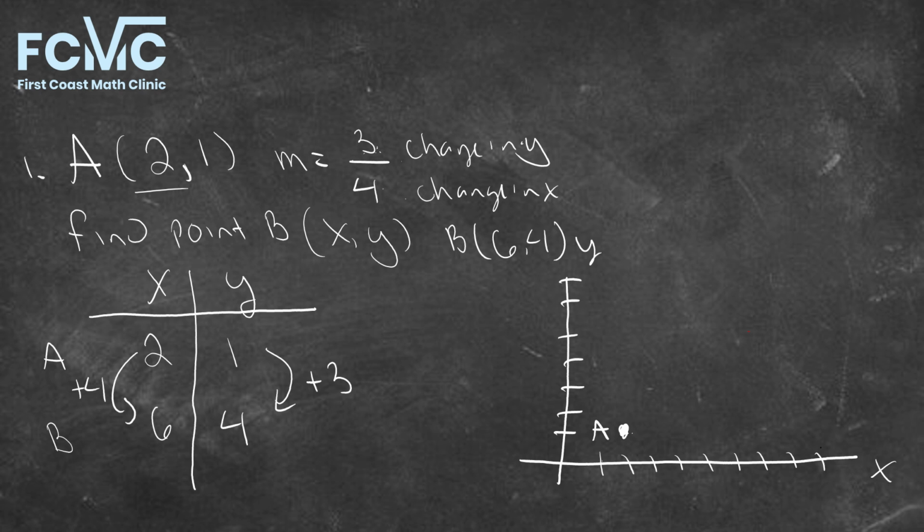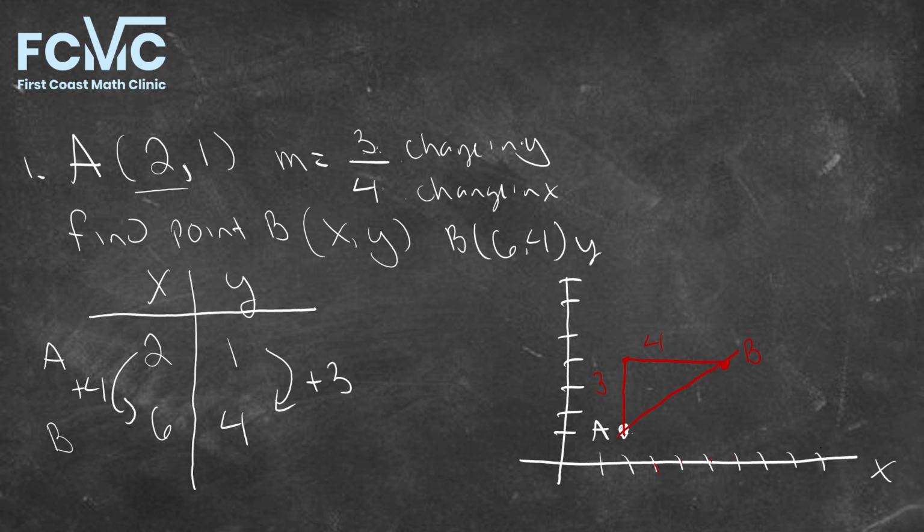Our slope is 3/4, so we're going to go up 3 and then right 4. I'm going to do this in red. So we're going to go up 1, 2, 3, and then right 1, 2, 3, 4. I'm using my tick marks here to figure out how far up and over I'm going. So we're going up 3, right 4, and we're at point B here.